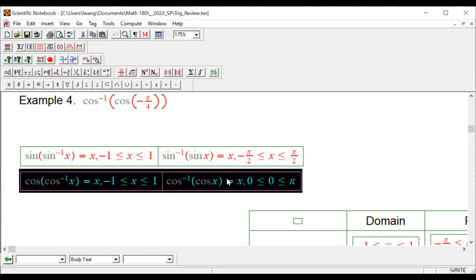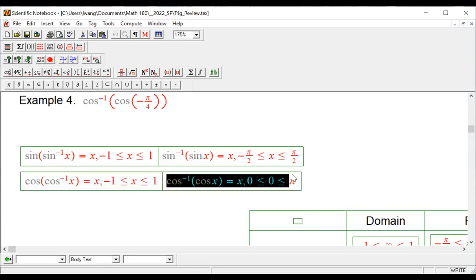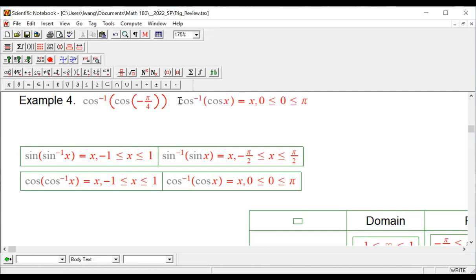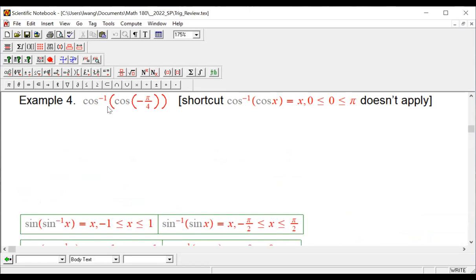So the shortcut doesn't apply. If you're thinking about the shortcut, you know it doesn't apply.